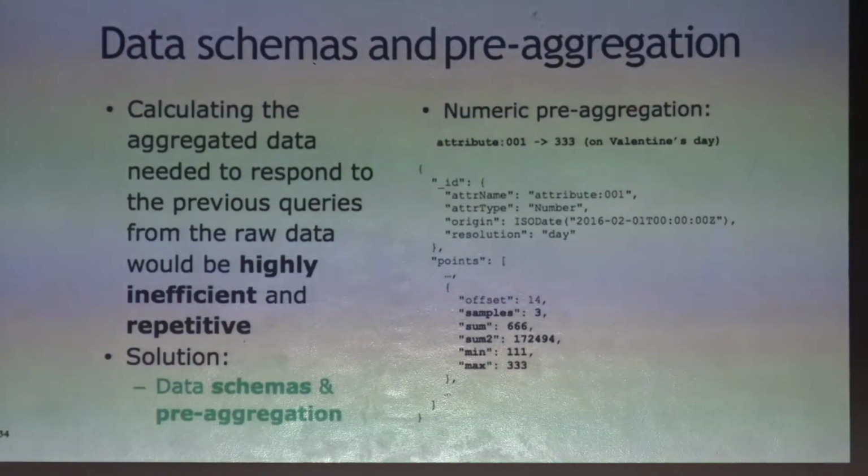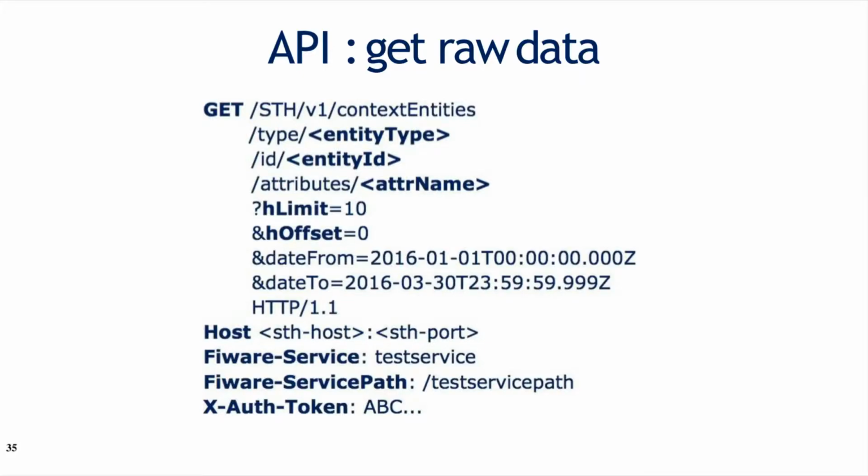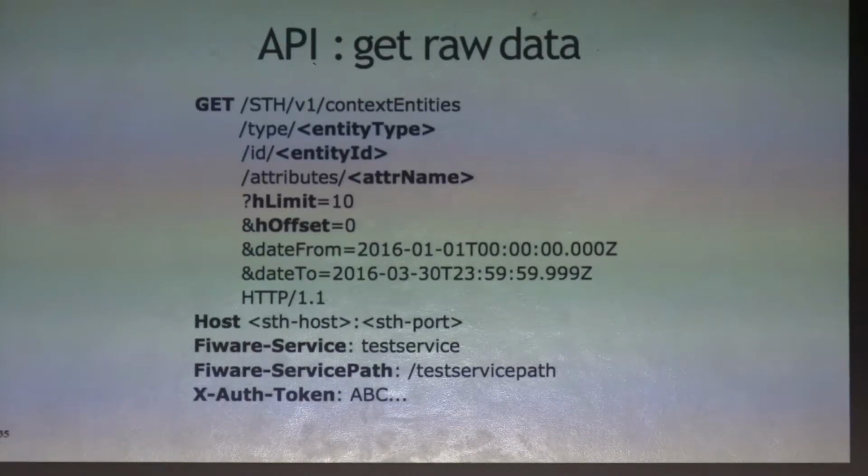So here I'll show you the query itself. This is how the query looks. Once you set your Cygnus to send the data to the STH Comet, you say STH/v1/contextEntities/type/entity type. Here you have to define the entity type, for instance, a room, then the ID of that entity.